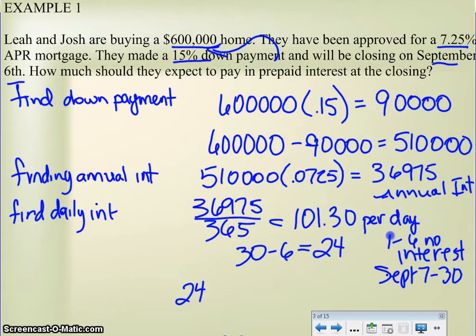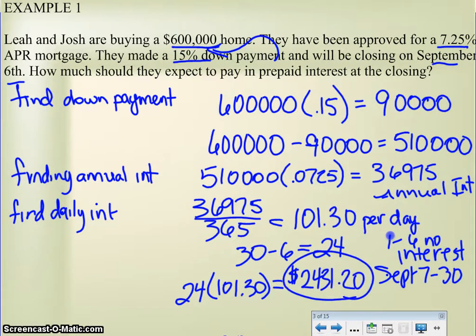Our final step is to take that 24, multiply it by the daily interest of $101.30, and we find that at closing, we need $2,431.20 just in prepaid interest. Now, there are other closing costs that come into account, but that's the only one with regards to interest.